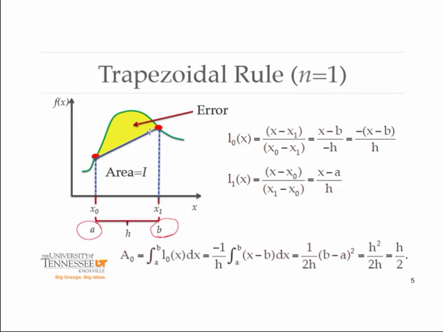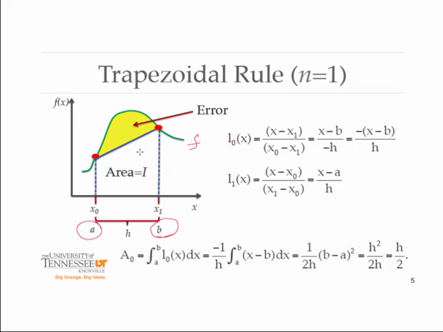If we use the area under that polynomial, which turns out to be a straight line or a linear function, we are going to have some error, all this shaded area up here in yellow, which is definitely underneath the original function f, which is here. There's going to be some error.